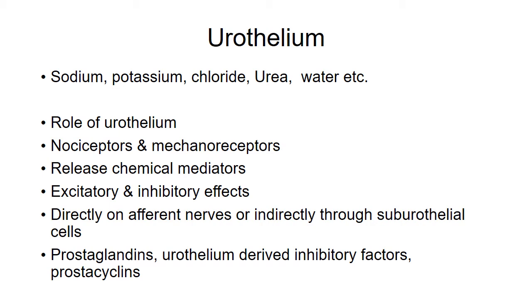When the urothelial cells are activated by stimulation, they release chemical mediators like nitric oxide, ATP, acetylcholine and substance P. These agents have excitatory or inhibitory actions on the efferent nerves that are close to the urothelium, either directly or indirectly through an action on the suburothelial cells that lie close to the efferent nerves.